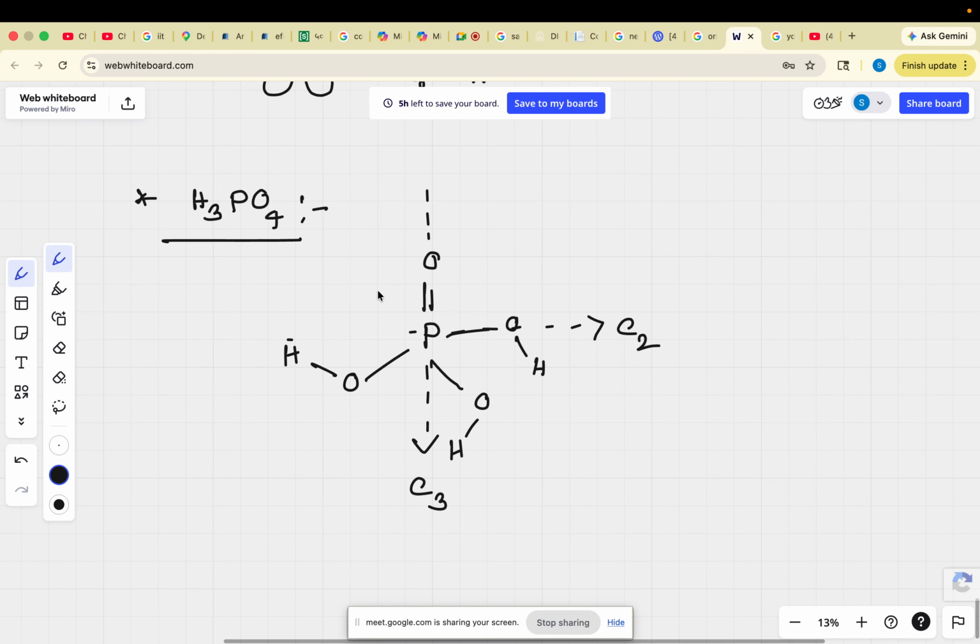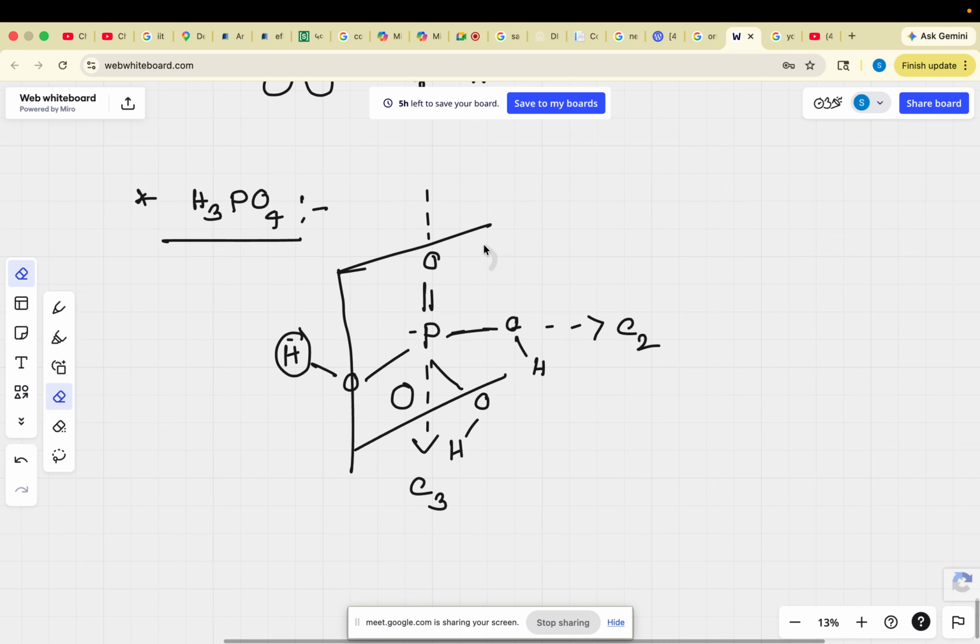You can think that I will pass through this oxygen and through this oxygen, but that time also you can see this side you have hydrogen but this side you have nothing. If you pass a plane like this, that time also for this OH, this side you have hydrogen, but this side you have nothing. So that means sigma v is also not present.